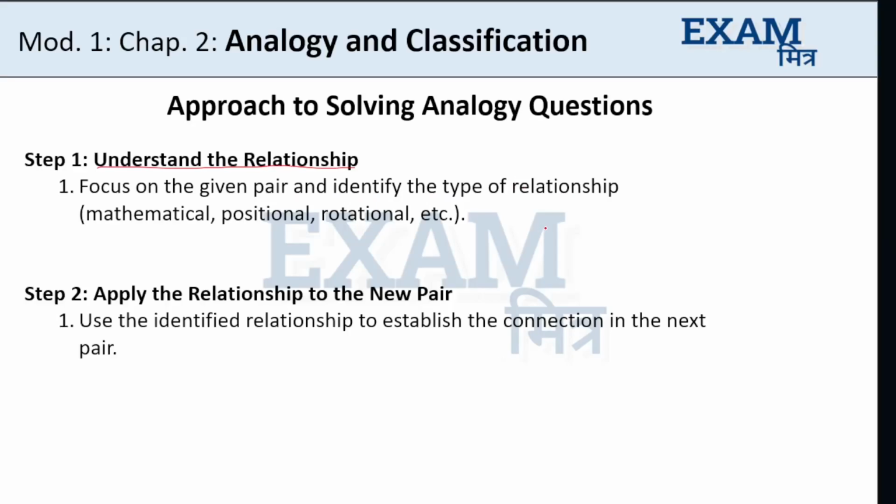Like I said, we need to find the relationship between the given pair, and after finding the relationship, we will apply the relationship to the new pair. Okay. So only these two things must be in our mind: to find the relationship between the first pair and then to apply the same relation on the new pair or on the asked pair.